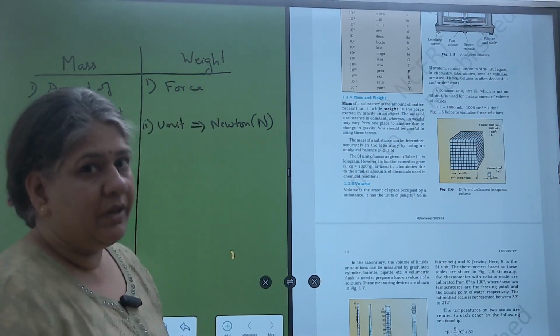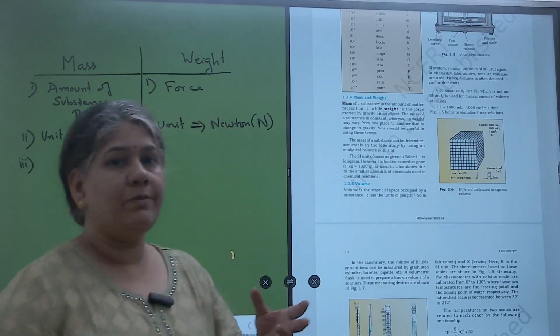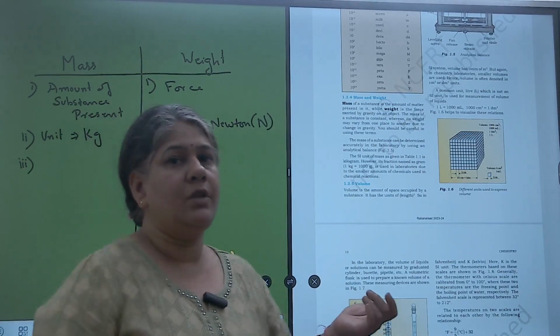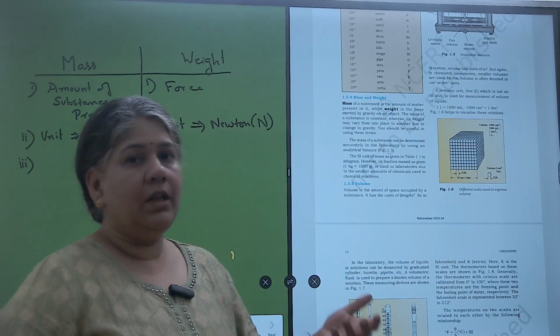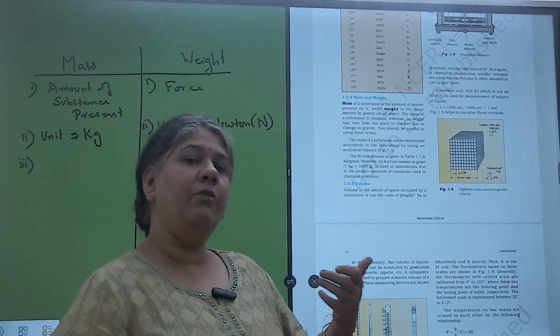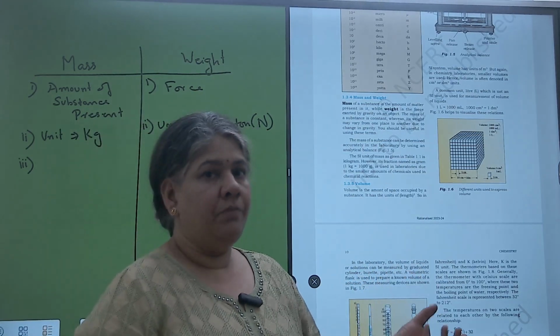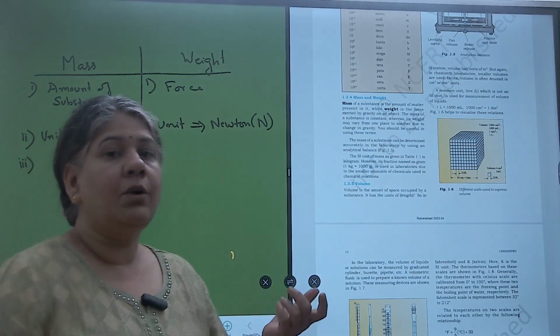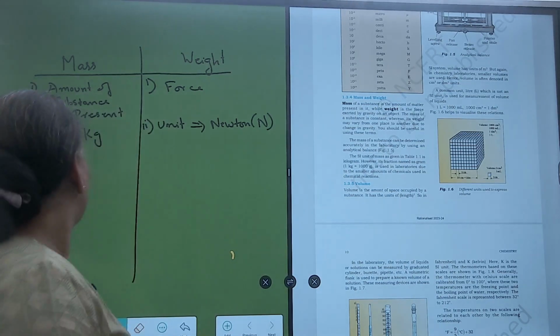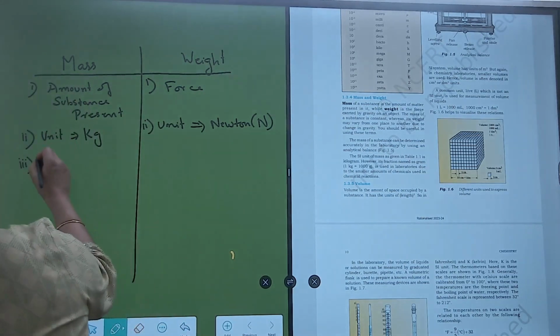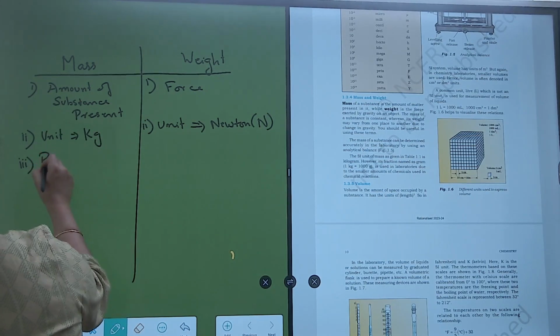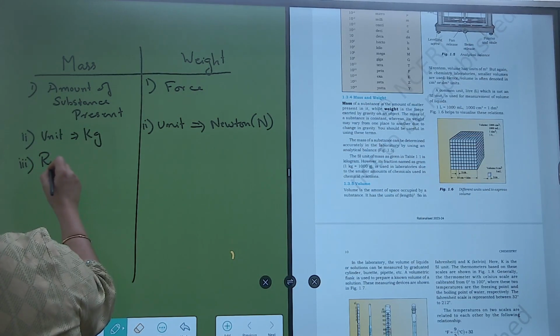A very common example is, if you weigh a substance on earth and on the moon, the same amount of substance will weigh less, because gravity on the moon is 1/6 of the earth. So mass remains constant and does not depend on the place.